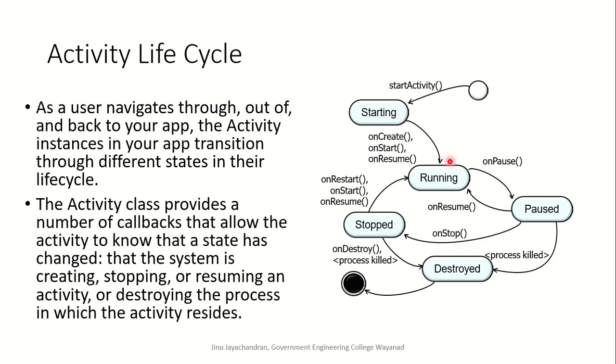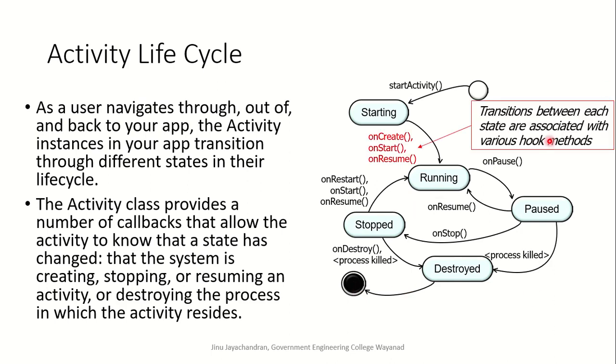So whenever you go from starting to running state, the activity manager module in the application framework will call different functions called callback functions, which are onCreate, onStart, onResume, etc. Similarly, when it goes from running to pause, it will call the callback function onPause. When it goes from pause to stop, it will call the callback function onStop. And similarly, when you transition from one state to another, it will call different functions to let the application know that this state has changed.